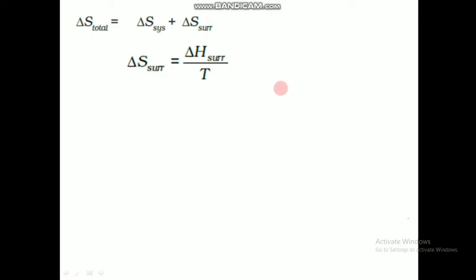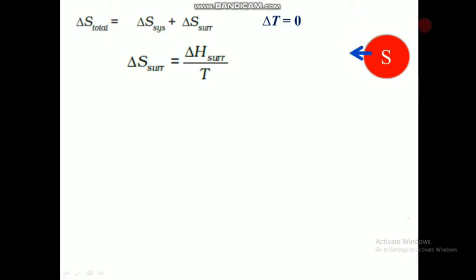One more thing we need to know is about constant temperature. When the temperature is not changing, if we consider a system and the system gives out some amount of enthalpy, then it will be the same amount of enthalpy absorbed by the surrounding, right?